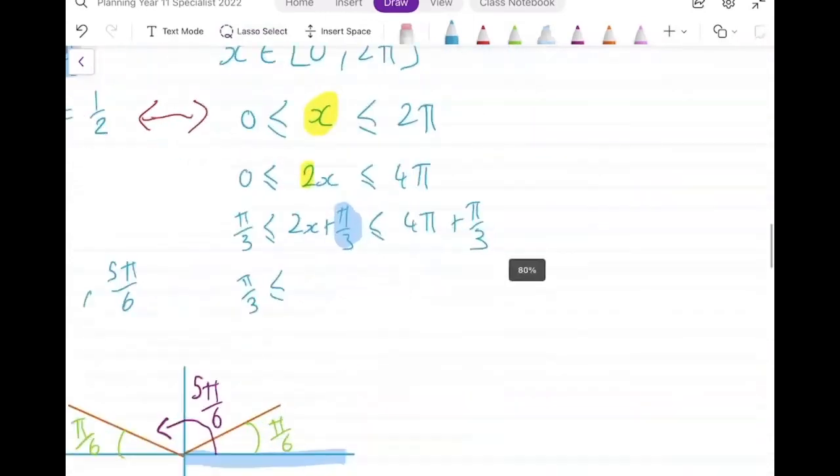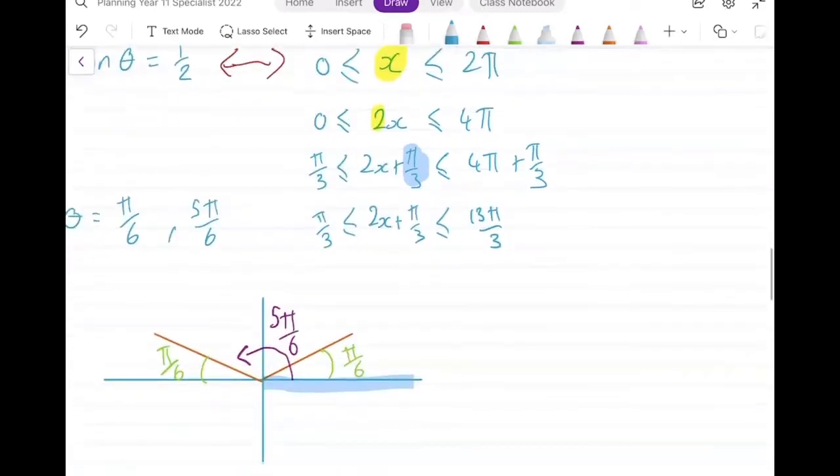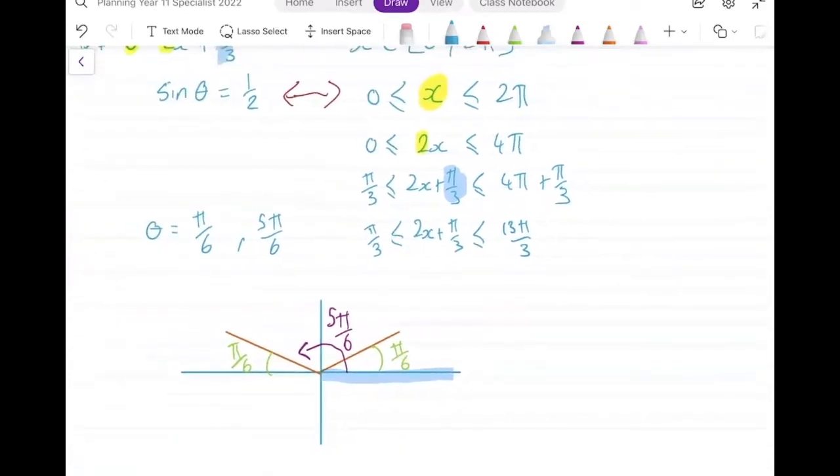And now if I simplify the right-hand side, 4 pi plus pi/3, that's going to equal 13 pi/3. So I now basically want to figure out how many angles I have that are going to go around in my circle. If I have a look already, I can see that pi/6 actually is smaller than pi/3.